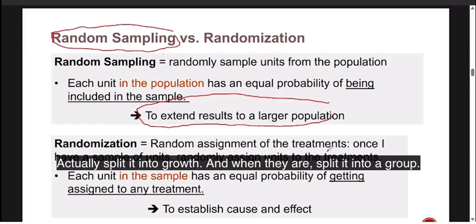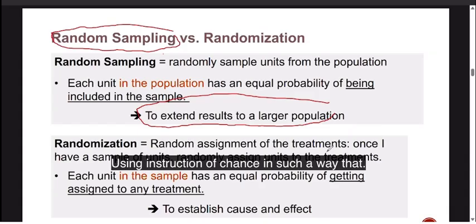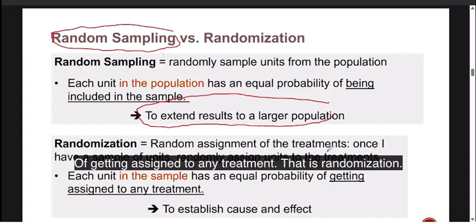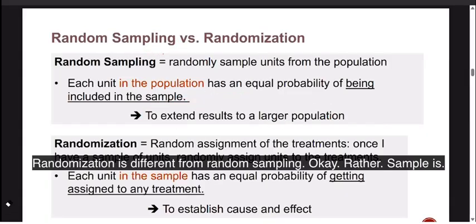When they are split into groups, then we can assign treatment to the groups using the instrument of chance in such a way that each unit in the sample has equal probability of getting assigned to any treatment. That is randomization. So what I've demonstrated now, randomization is different from random sampling.